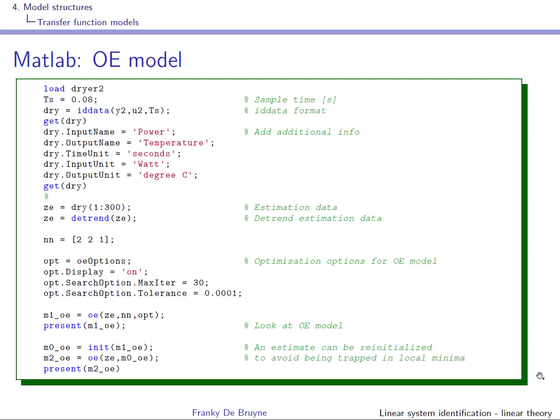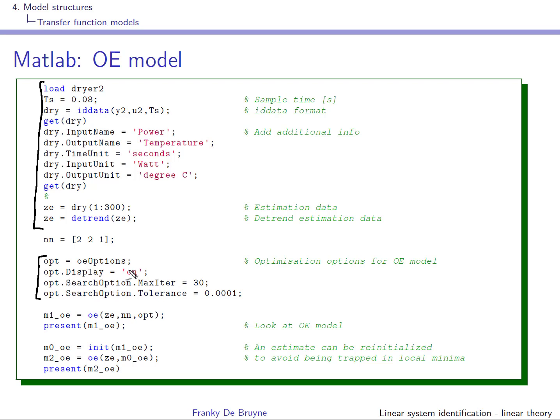So again we can have a look at the commands in Matlab Simulink. Again, this first part should look familiar by now. So this is the output error command. So this is what you have to run to obtain an output error model, but I'm showing you here that you can use options because we're doing, well, an iterative search.